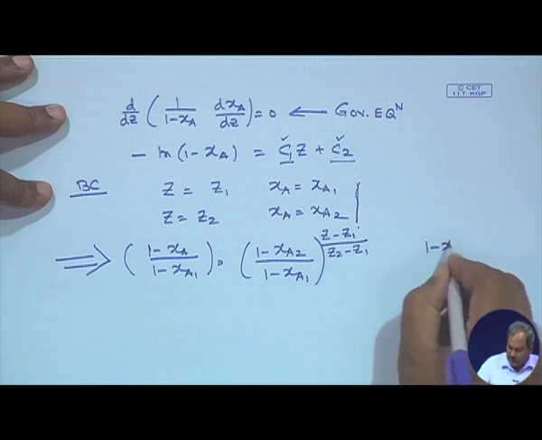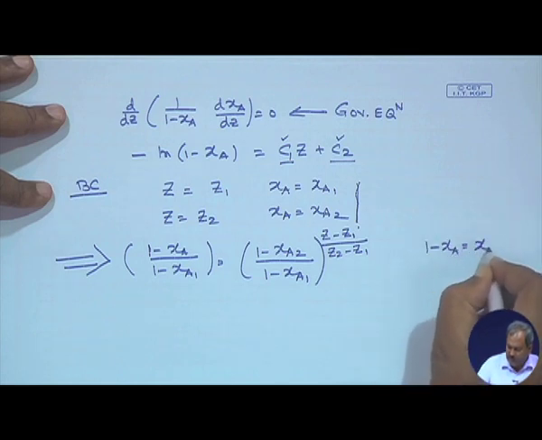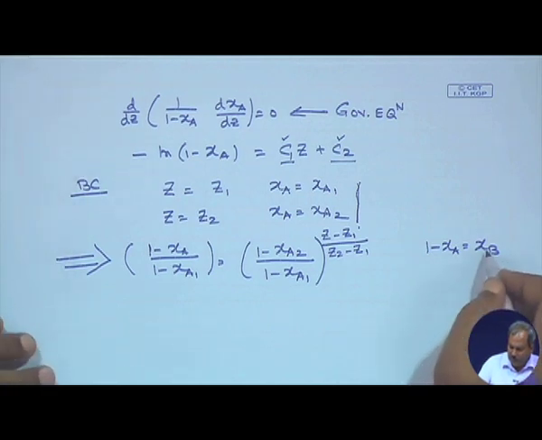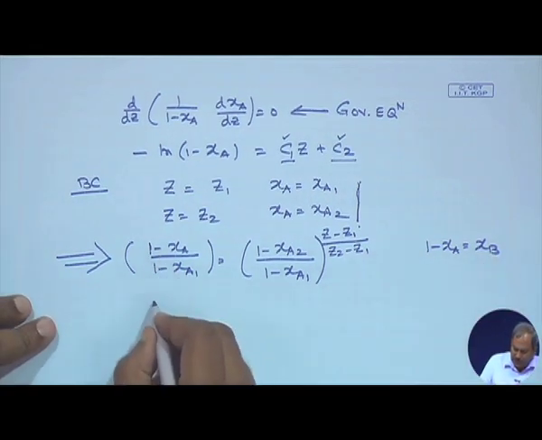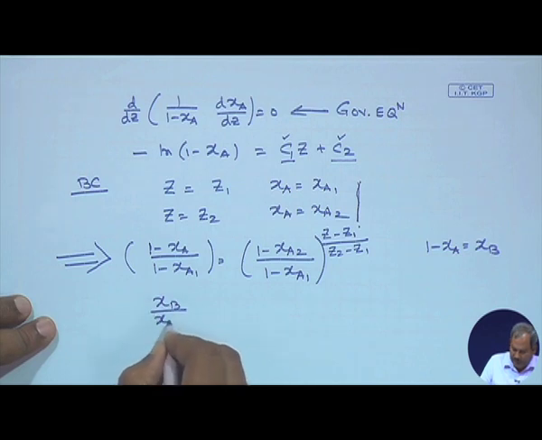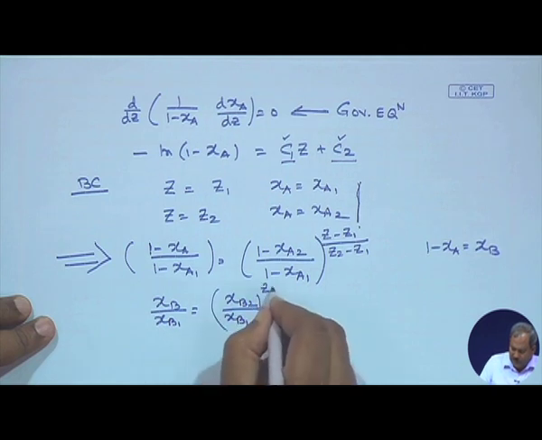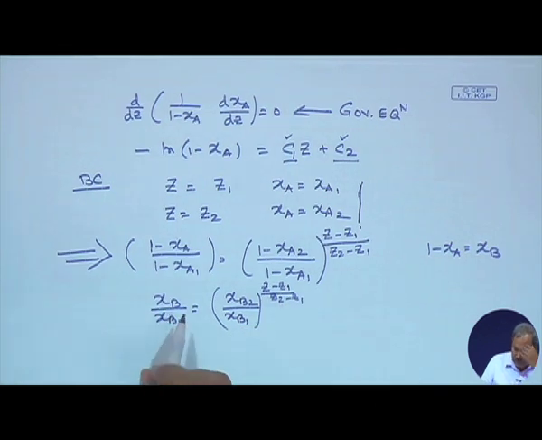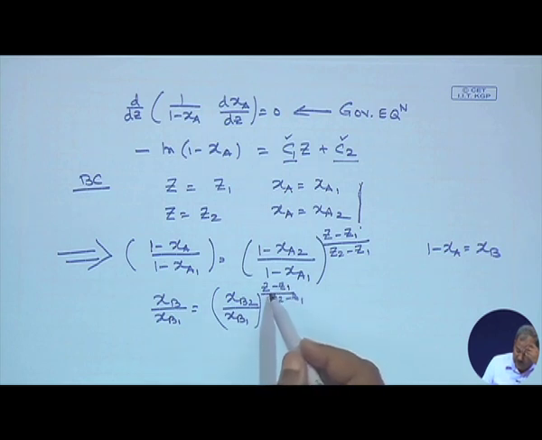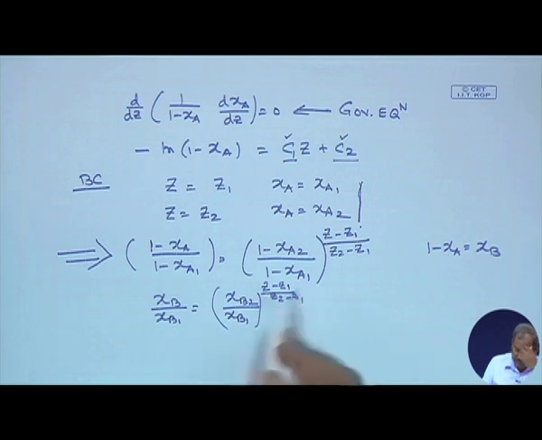We know that 1 minus x_A for a binary mixture is simply equal to x_B, the mole fraction of B. So this equation can also be written as x_B by x_B1 equal to (x_B2 by x_B1) to the power (z minus z1) by (z2 minus z1). These two equivalent forms of the distribution of either A or B can be expressed as a function of z, the distance from the liquid surface.